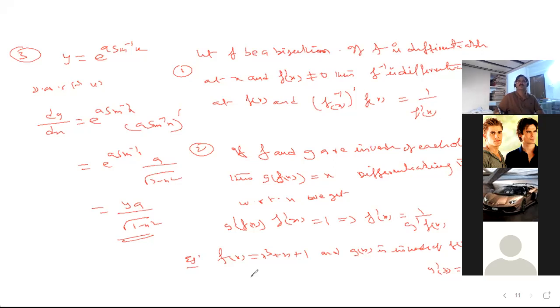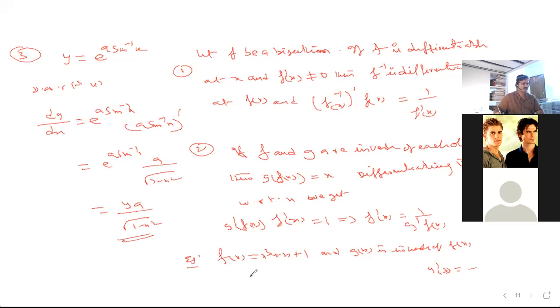Anybody have any answer? g of f of x is equal to x. I think you people might get confused.